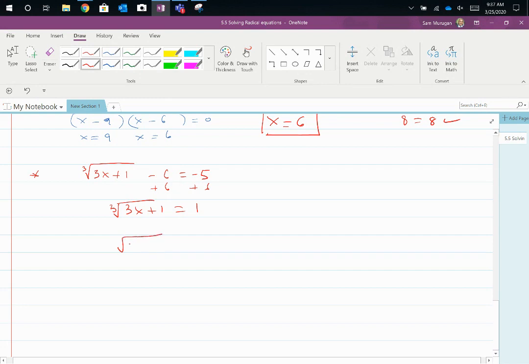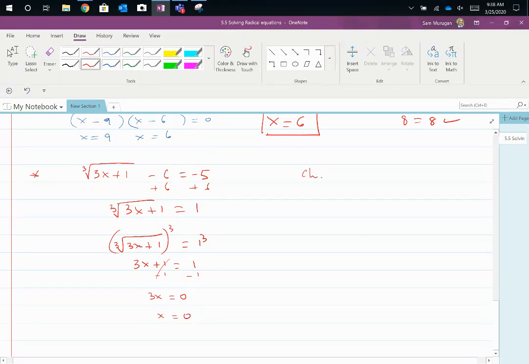Then raise both sides to the power 3. 3x plus 1 is equal to 1 cubed, which is equal to 1. Take away 1 from both sides, we get 3x is equal to 0. So x is equal to 0.